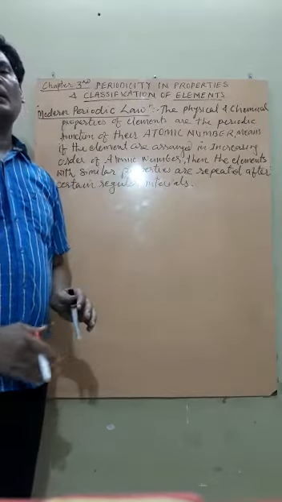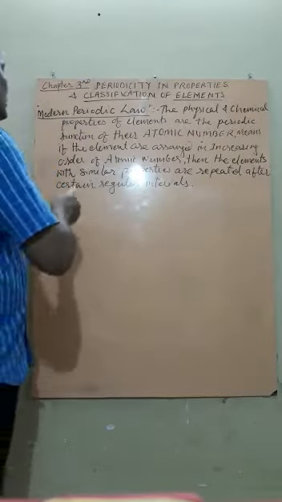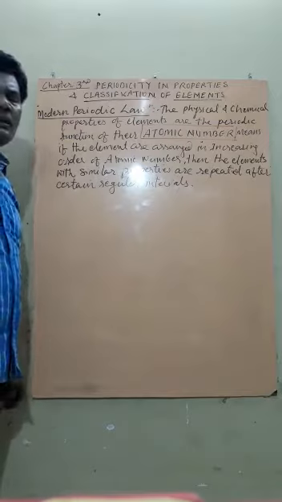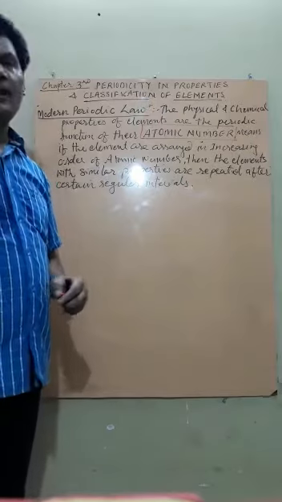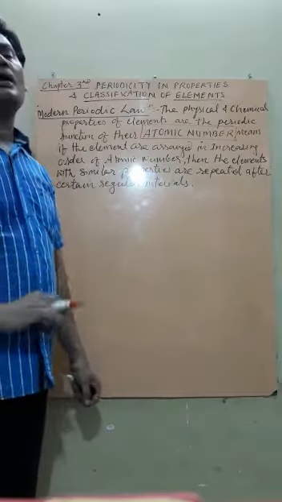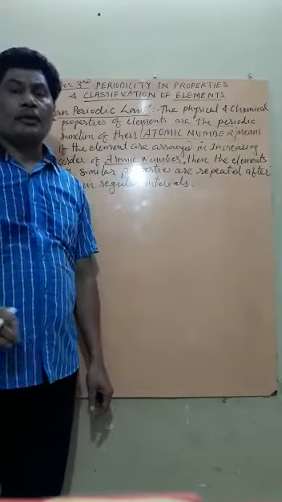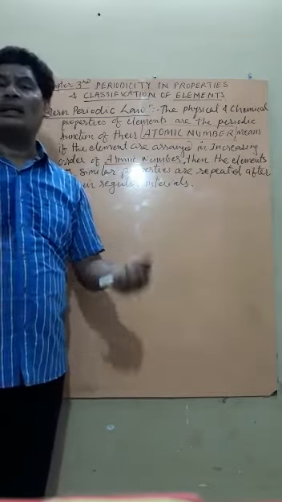Earlier all the periodic tables and classifications were done on the basis of atomic mass, but the modern periodic table is based on atomic number. Remember, okay? It means if the elements are arranged in the increasing order of their atomic number, then the elements with similar properties will repeat after a particular interval.